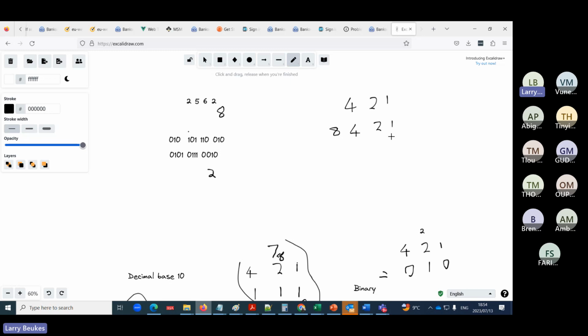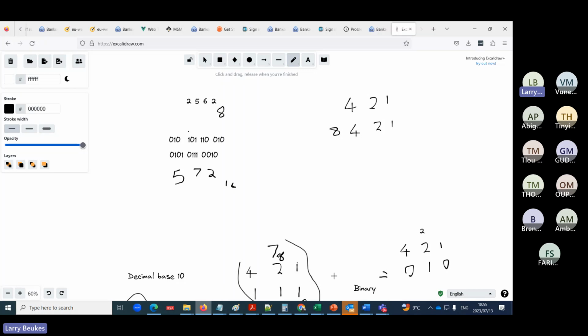So it's 4 plus 2 plus 1 is 7. So this becomes a 7. Then here 1, 2, 4. It's a 5. This is a 5.